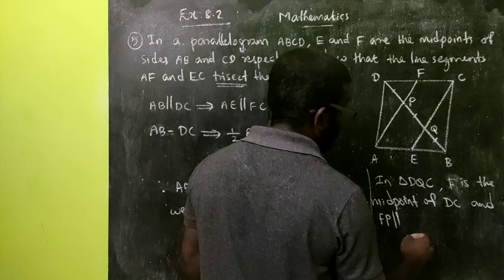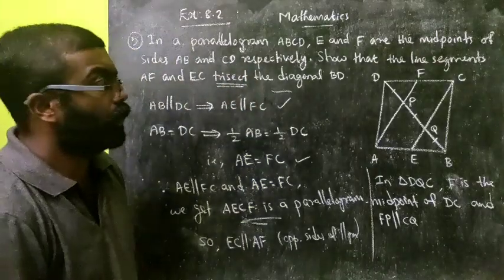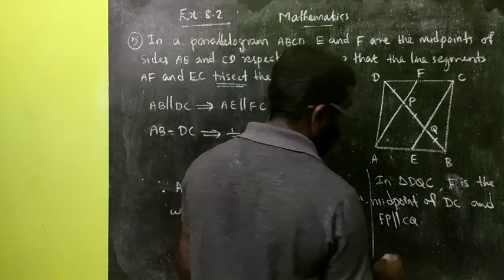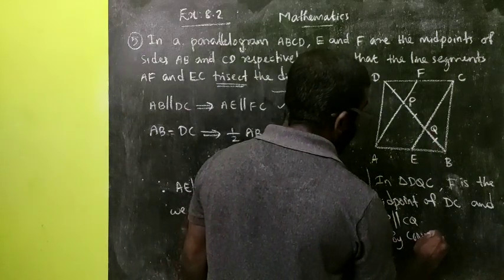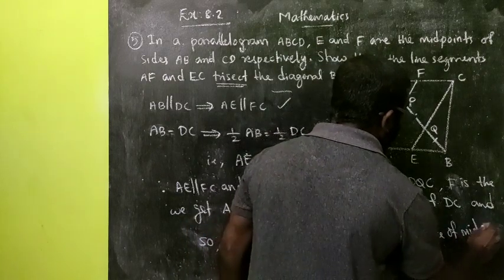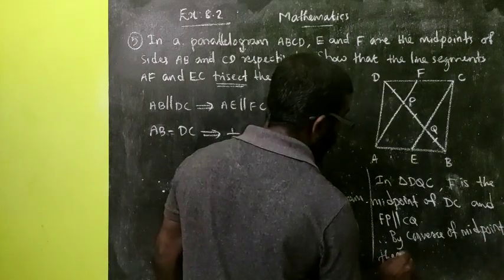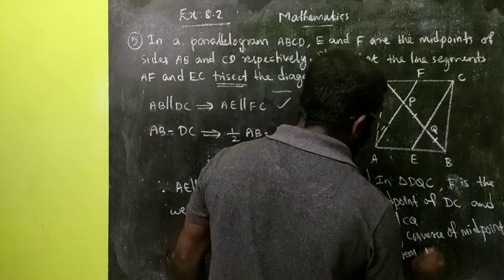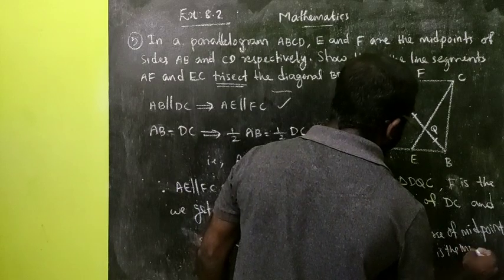Therefore, by converse of midpoint theorem, we can write P is the midpoint of DQ.